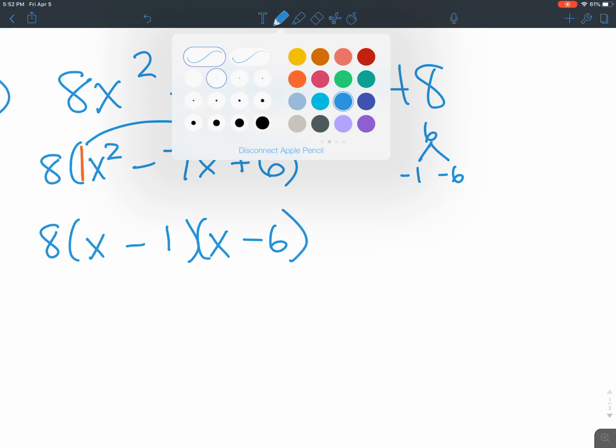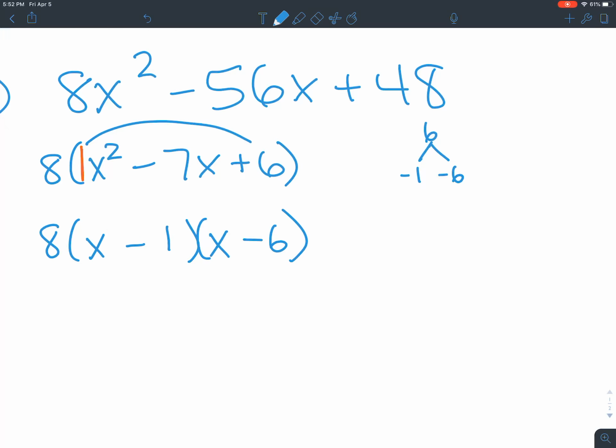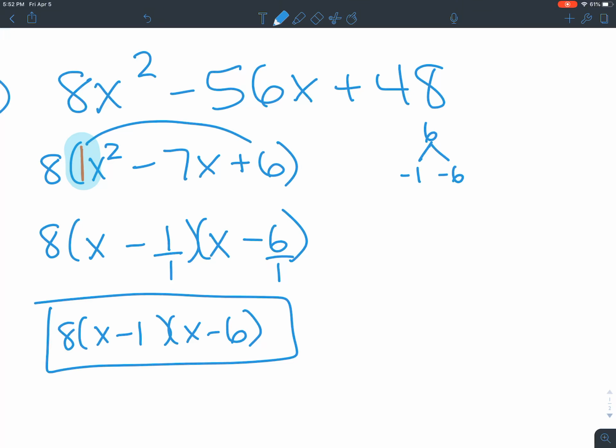Now, just like we did in the last several ones, we could still divide by that leading coefficient. Divide by that 1 right there. But when I divide by 1, it doesn't change my value. So I have 8 and then x minus 1 and x minus 6. So that would be my factored form.